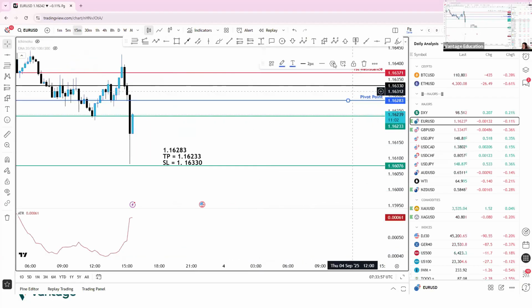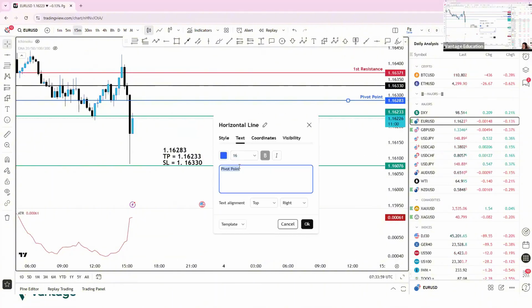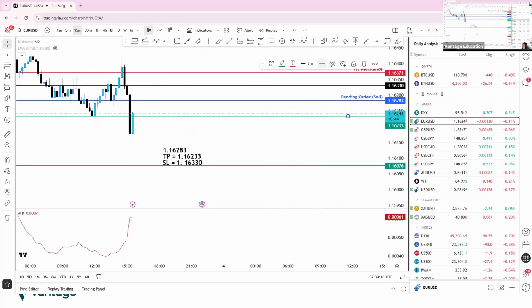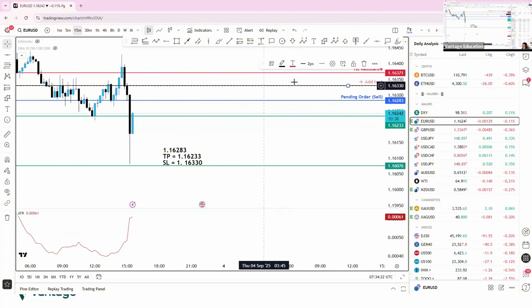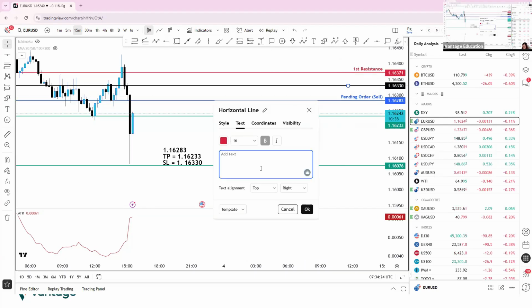This is your pending order, sell here. So this is your TP1, for example, and this is going to be your SL, or stop loss.